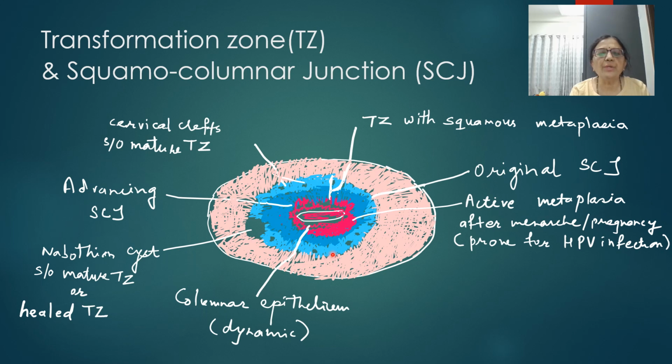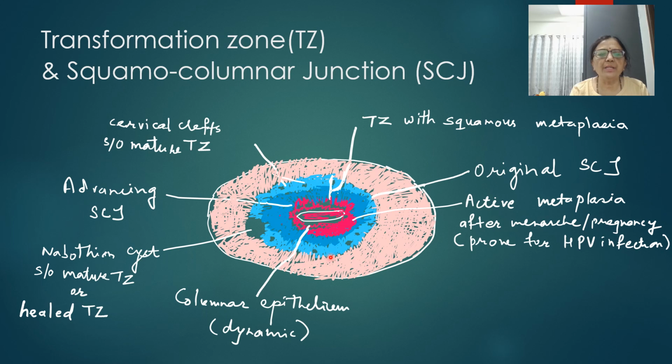At the periphery of the transformation zone, what I have shown in light blue is the mature transformation zone, and dark blue is the advancing squamocolumnar junction, where active metaplasia is taking place. So in the transformation zone itself, we have two parts.